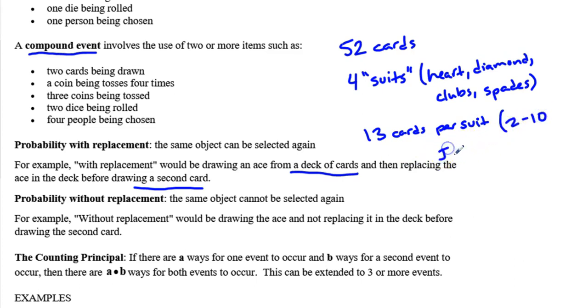Then it has a jack, a queen, a king, and an ace. So there's all of those for each of those 4 suits, 52 cards total. So if I have probability without replacement, I will draw that ace and not replace it. So now I'm drawing from 51 cards, right? Because I don't have that card in there.